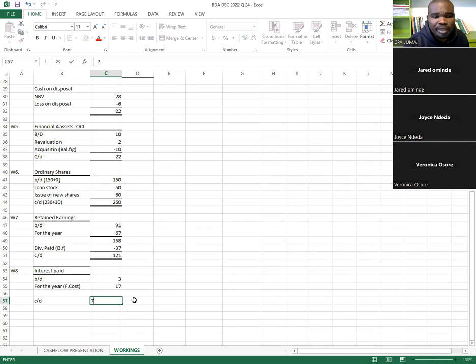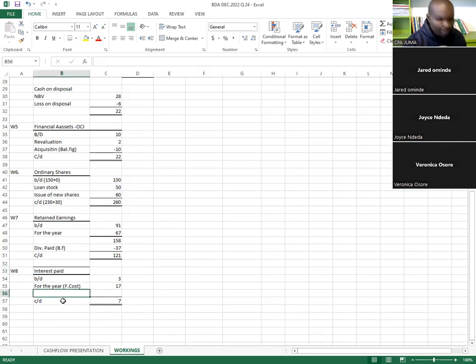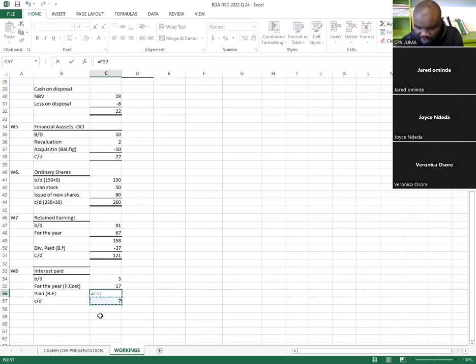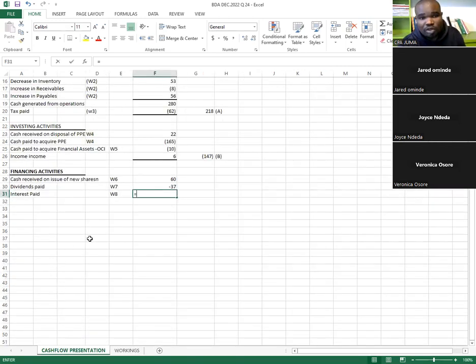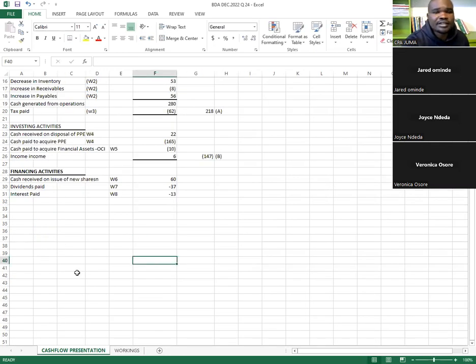So the total payable ought to have been 20. Why is the examiner talking of 7? Because they paid. So paid is the balancing figure, the amount which was paid, which should be negative. So it should be 7 minus this one here. They paid 13. So you come here and say interest paid is equals to that one, enter. That is 13.